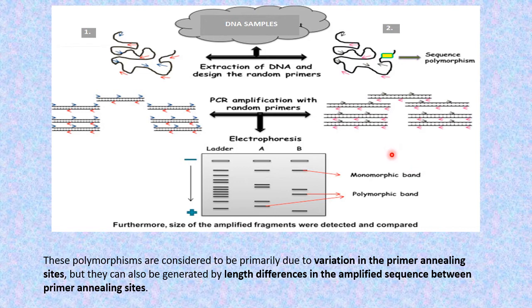That means because of some mutation, if the primer is unable to anneal at a specific point in one of the genomes, then the length will vary. So we can simply use this technique to identify particular segments or genes in a genome.